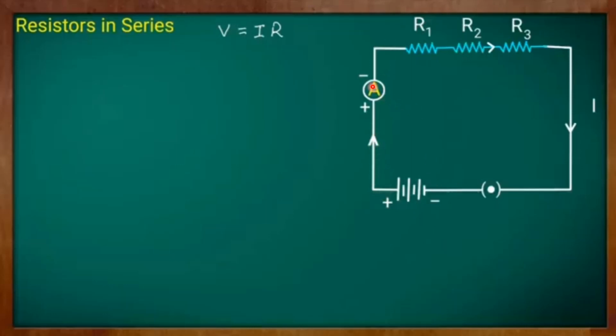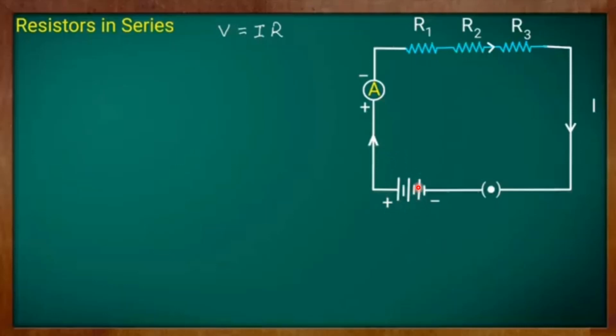Now, if I want to calculate the voltage across the resistors R1, R2, R3, voltage is nothing but, in order to pass the electric current, I need a potential difference. For that potential difference, I have attached the battery, which will create the potential difference.